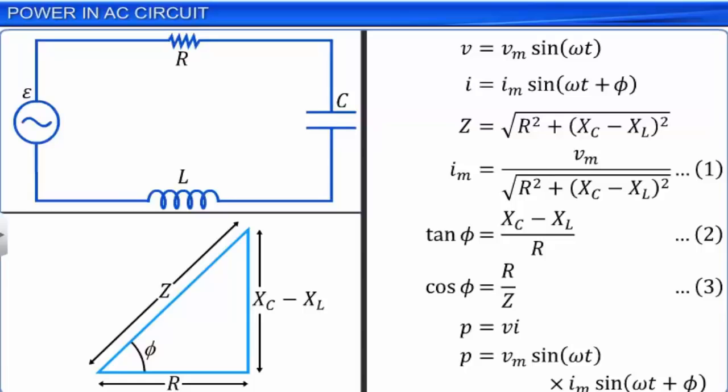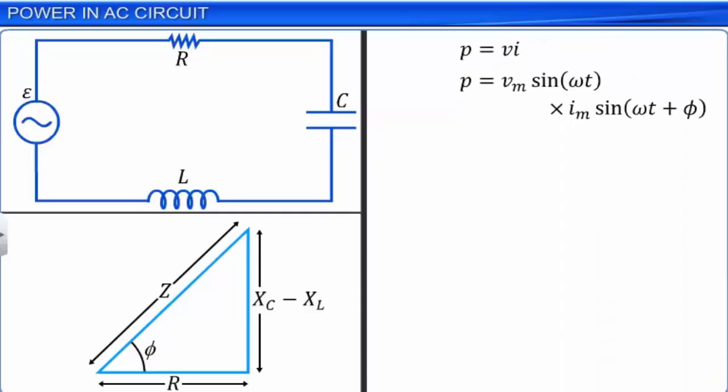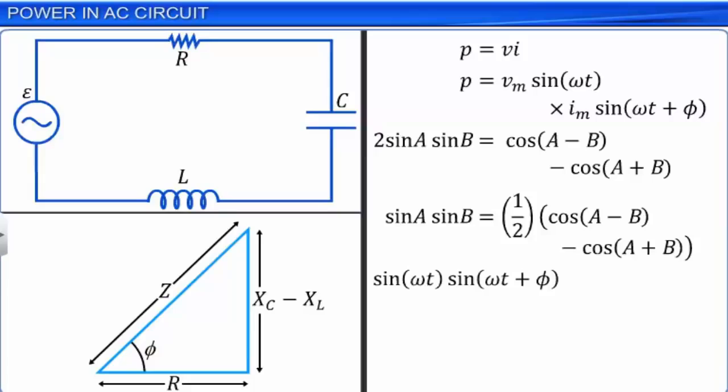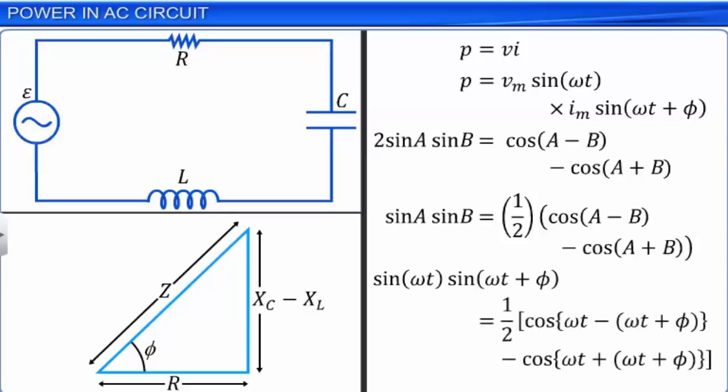Using the trigonometric identity, 2 sin A sin B is equal to cos(A minus B) minus cos(A plus B), or sin A sin B is equal to half [cos(A minus B) minus cos(A plus B)]. We get sin omega t into sin(omega t plus phi) is equal to half into [cos(omega t minus omega t plus phi) minus cos(omega t plus omega t plus phi)].